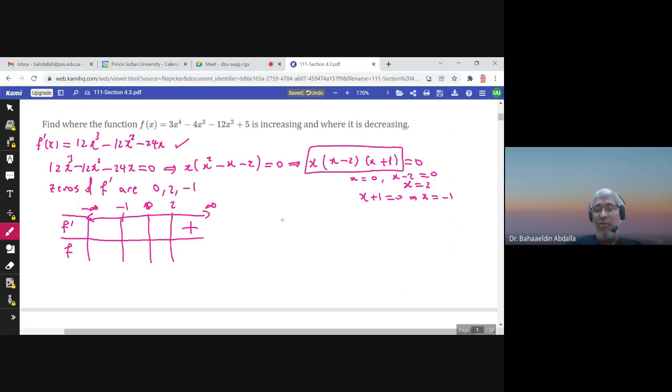And look at something else. How many zeros of f prime do I have? 3 zeros. And f prime has degree 3.